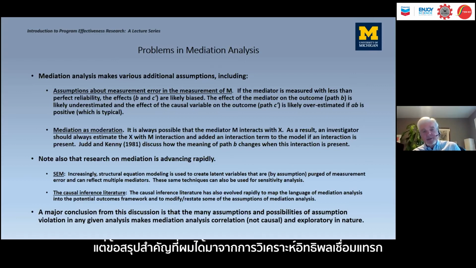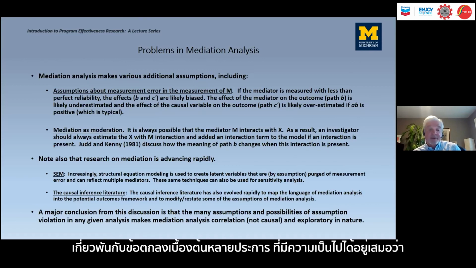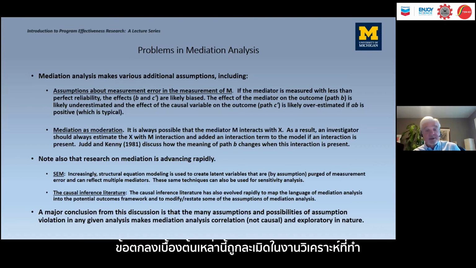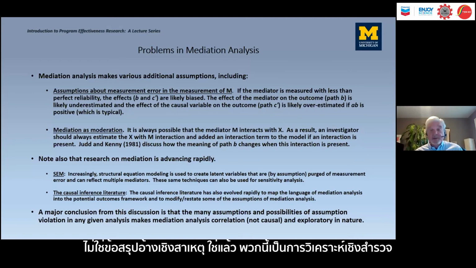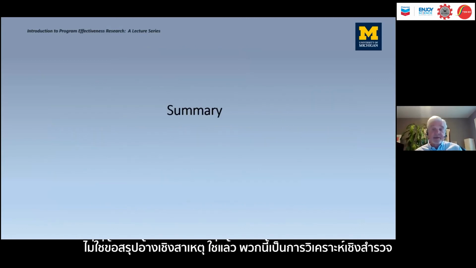But a major conclusion that I would draw from this is that mediation analysis involves a lot of assumptions. And there's always, in fact, often the possibility that those assumptions are violated in a given analysis. And so when you report these mediation analyses, you should probably report them as both exploratory and correlational, not as causal. Okay, these are exploratory analyses.